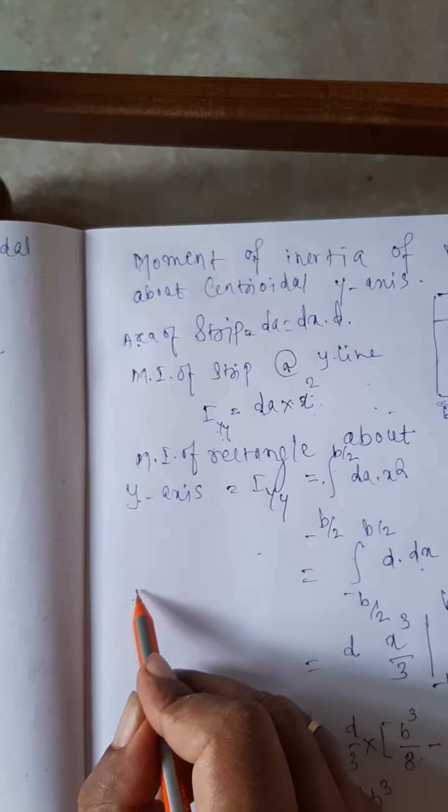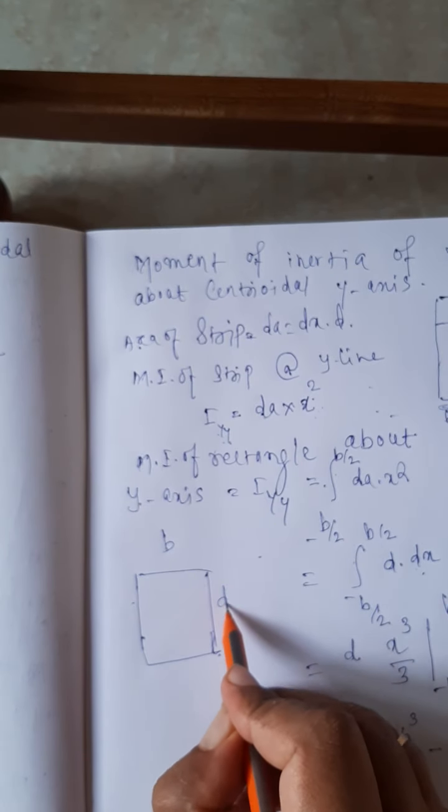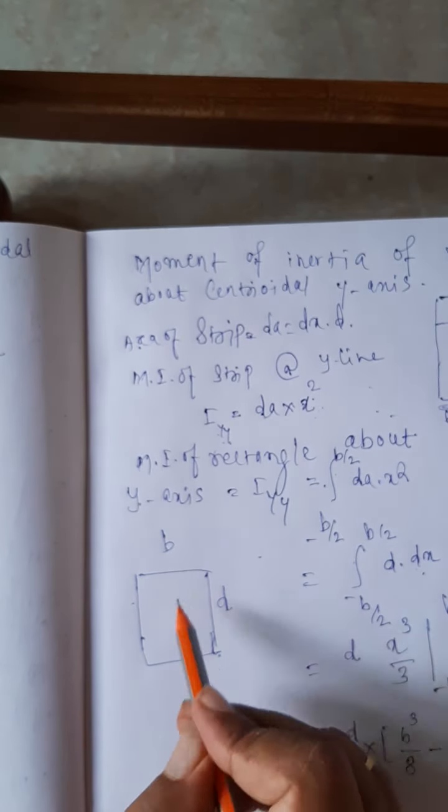Now just see what we have done here. This is my figure, this is B and this is D. I want the moment of inertia about the XX line. The formula was B into D cube divided by 12.